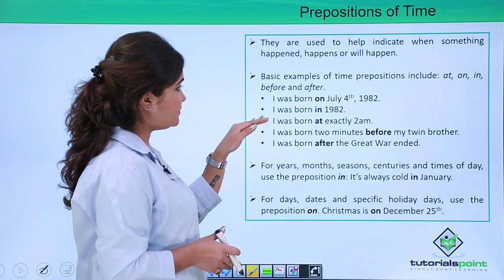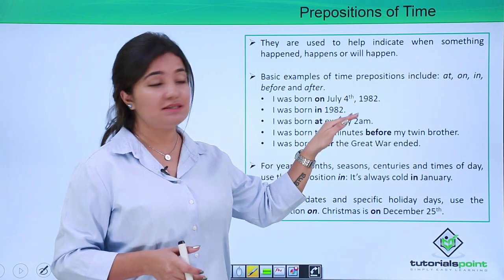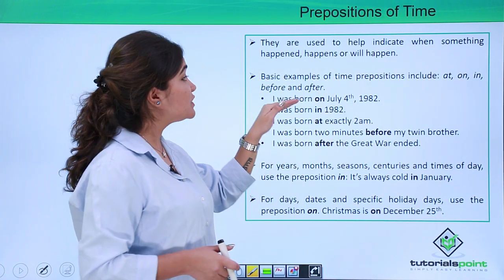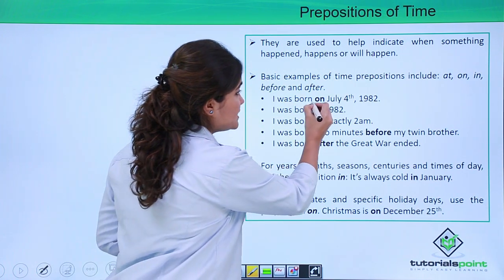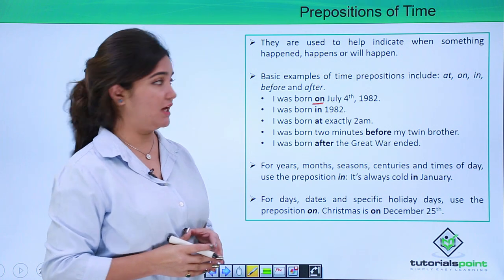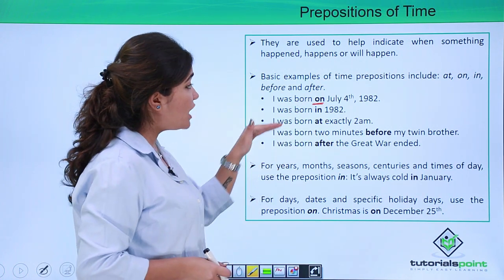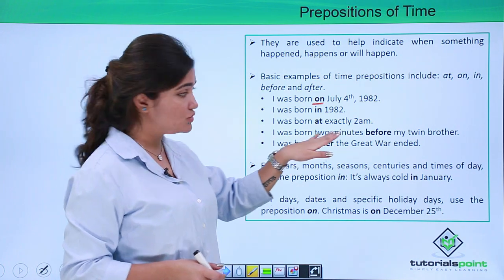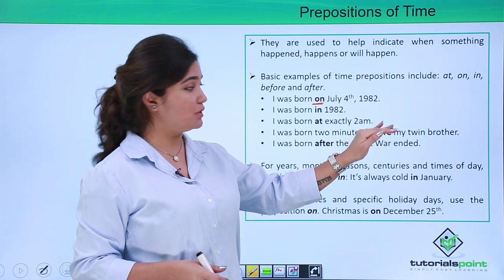So look at an example. I was born on July 4th, 1982, right? So on here is indicating time. Hence on is acting as your preposition of time. Or I was born in 1982. Or I was born at exactly 2 a.m. I was born 2 minutes before my twin brother.